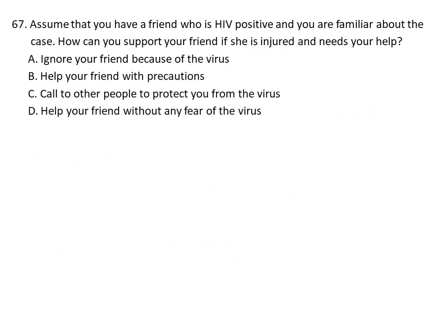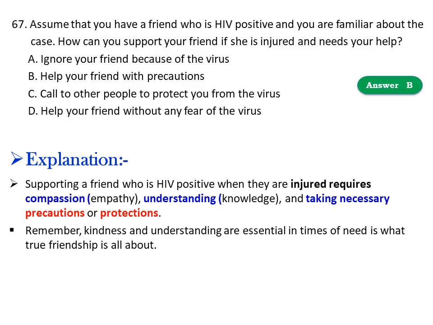Question number 67. Assume that you have a friend who is HIV positive and you are familiar with the case. How can you support your friend if she is injured and she needs help? So the answer will be B. Help your friend with precaution.